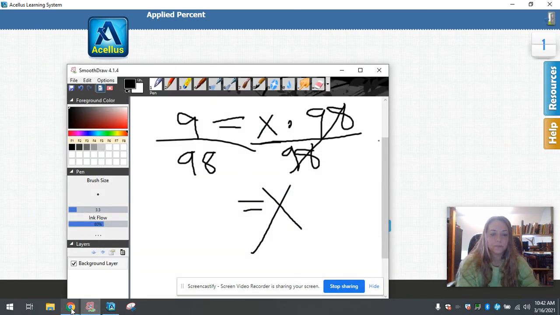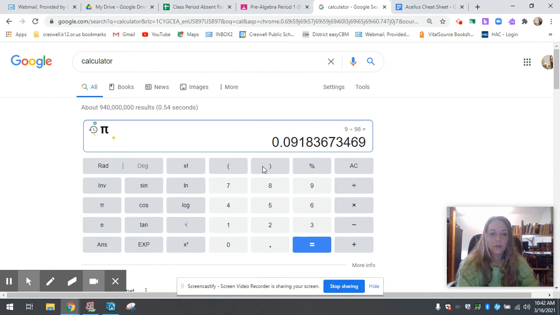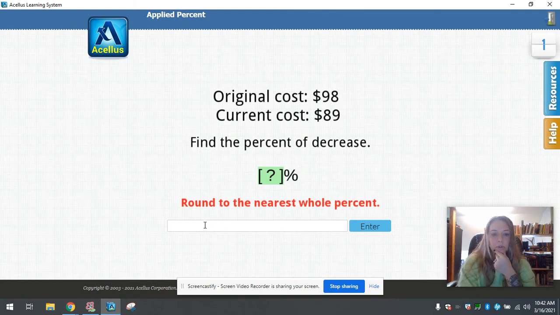So remember, with moving from a decimal to a percentage, I just move my decimal to the right twice. So then I would have 9%, a 9% decrease.